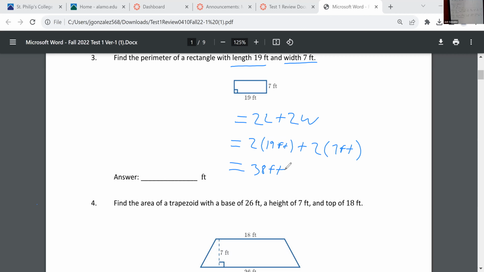Plus 34 feet. Will be 72. Questions on 3?